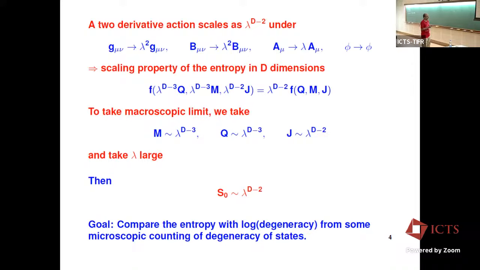If you scale the various charges, then the entropy scales again as lambda to the d minus 2. This makes it easy to take the macroscopic limit, or the large size limit, because you simply scale the mass, charge, and angular momentum in this fashion and take lambda to be large, and in that limit the black hole is large and the Bekenstein-Hawking entropy is also large, scaling as lambda to the d minus 2. A general theme that we'll have to keep in mind is that our goal will be to compare the entropy with the log of degeneracy from some microscopic counting of degeneracy of states.